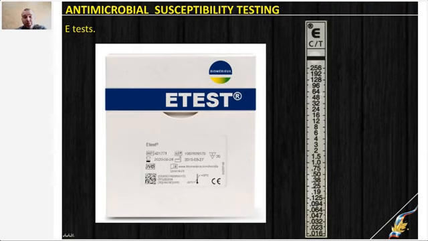It is a strip with antibiotic in different concentrations. The antibiotic will diffuse in the media, and you need to measure the zone of growth inhibition. That strip already contains antibiotic in known concentrations. They are not common, they are not some 256, 128, 64, 32.